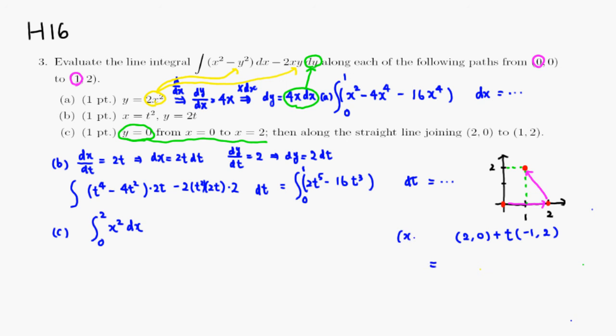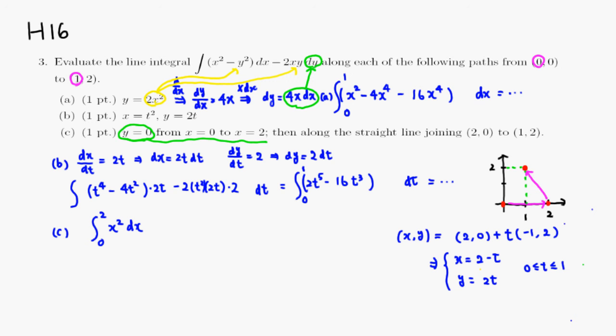So x comma y is equal to this. This means that x is going to be equal to 2 minus t, and y is going to be equal to 2t, where t is going to go from 0 to 1.